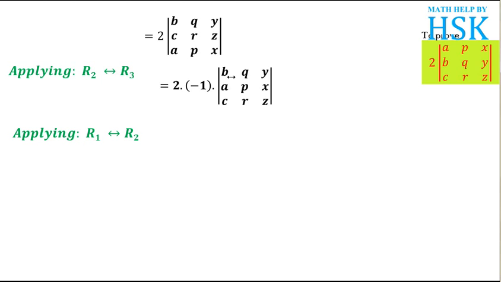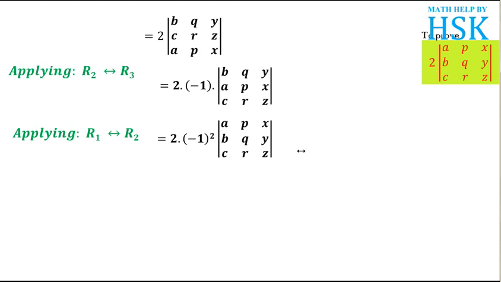So this is the row R1 and this is the row R2, and we are going to interchange the rows. On interchanging the rows, the whole determinant is going to be multiplied by minus 1 again. So I am going to get minus 1 squared. I write the second row in the place of the first row, and the first row in the place of the second row.